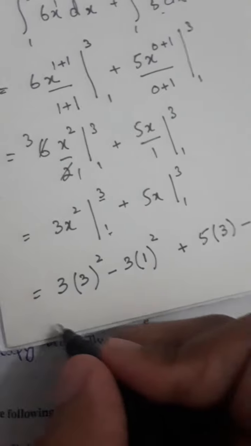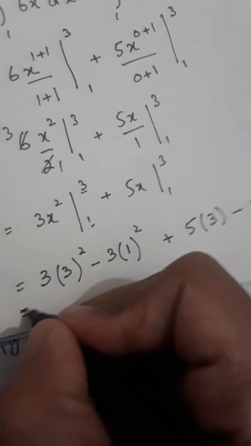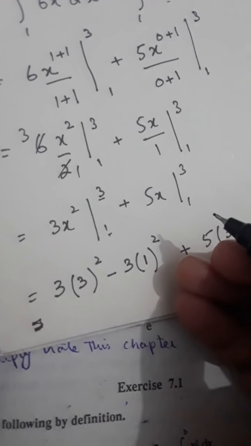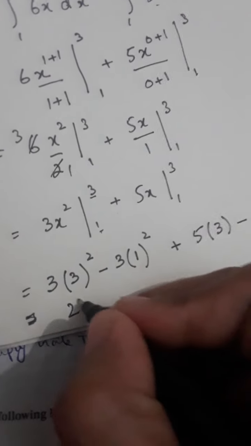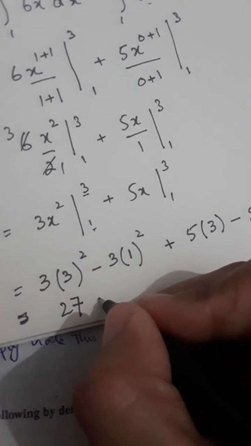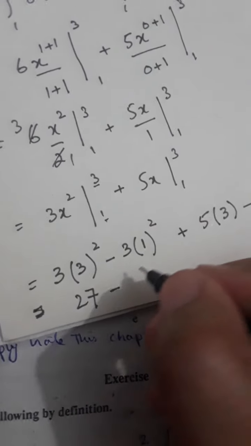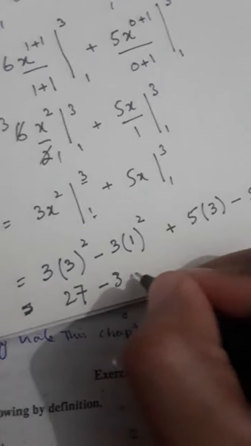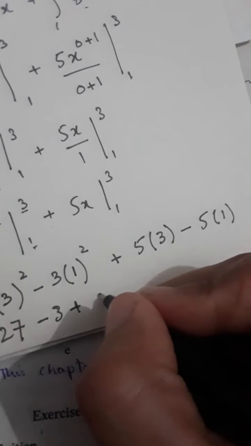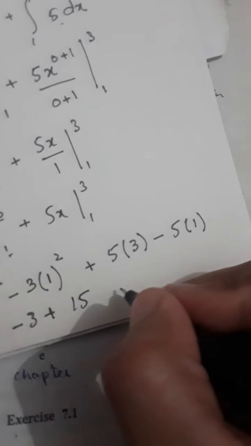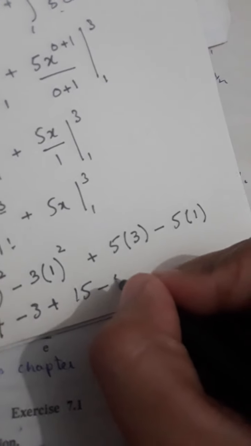So the rest is easy. 3 times 3 squared is 27, minus 3 times 1 squared, which is 3, plus 5 times 3 is 15, and 5 times 1 is 5.